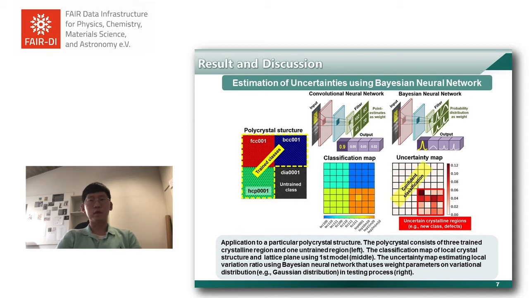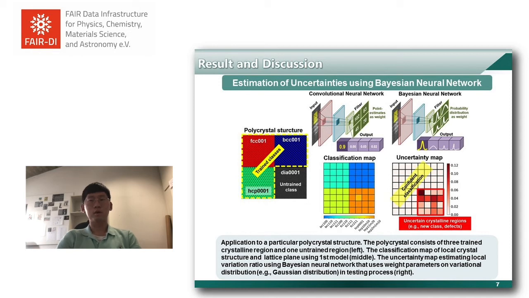As you can see, FCC001, BCC001, and HCP001 are predicted perfectly. However, the diamond cannot be predicted because the neural network doesn't know about the diamond class.